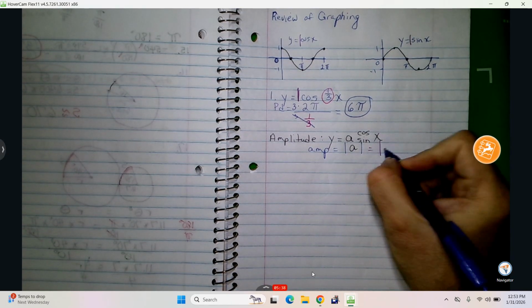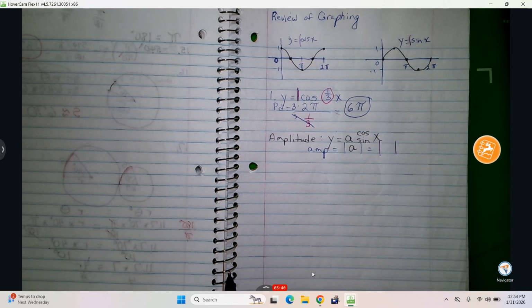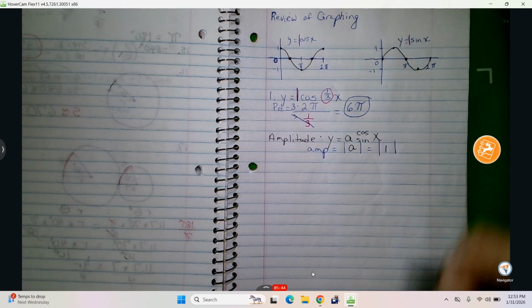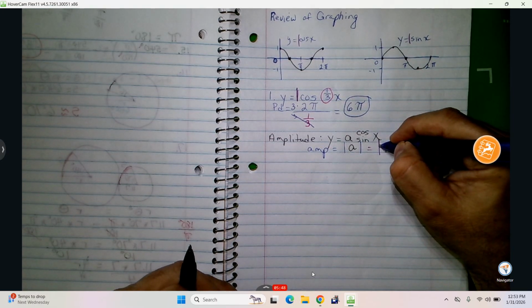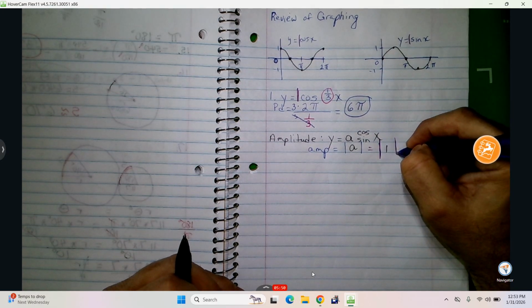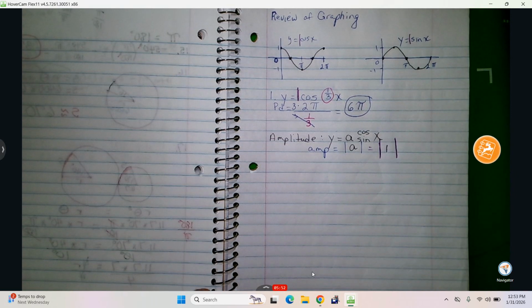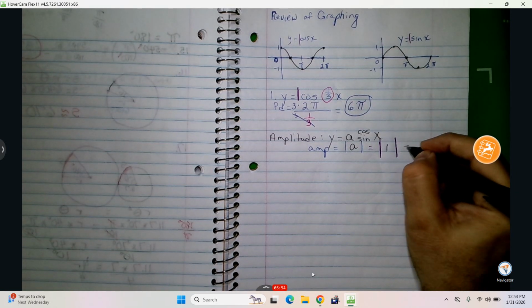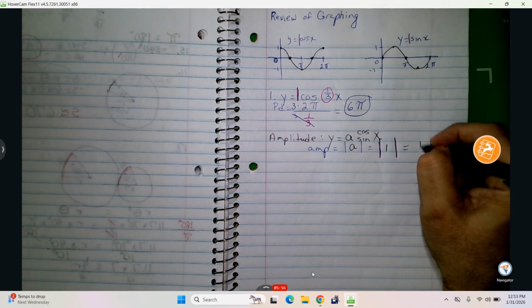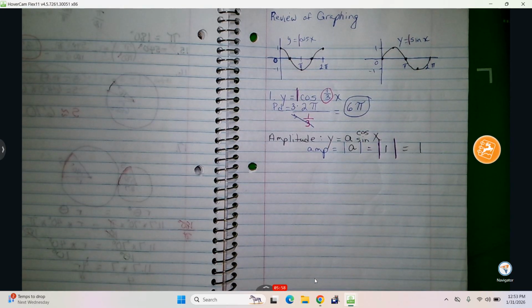So our amplitude is the absolute value of 1. I hope that doesn't look like 111. So I'm trying to make these bars in purple. And I'll make them a little bigger. So what number am I going to type in as the amplitude? 1.